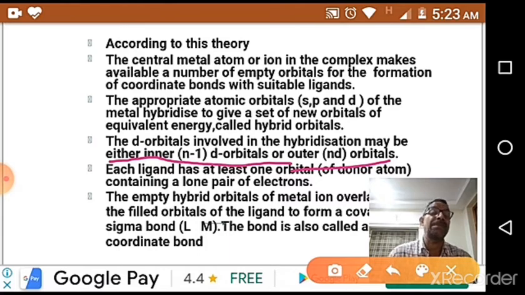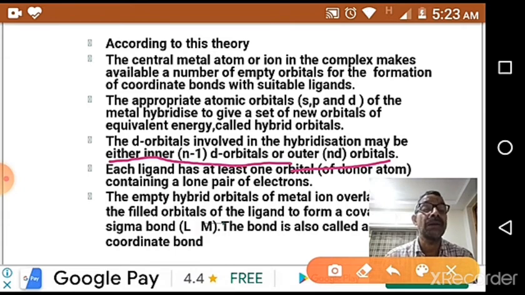If 3d orbitals participate, that is (n-1)d, and these complexes are called inner orbital complexes. Whereas if outer d orbitals participate in the hybridization, we call them outer orbital complexes. So as per the orbitals involved in the hybridization, we classify two types: inner orbital complexes and outer orbital complexes.